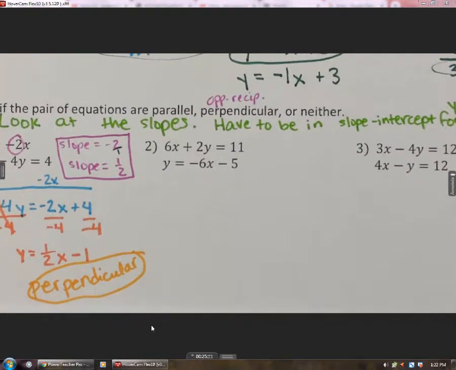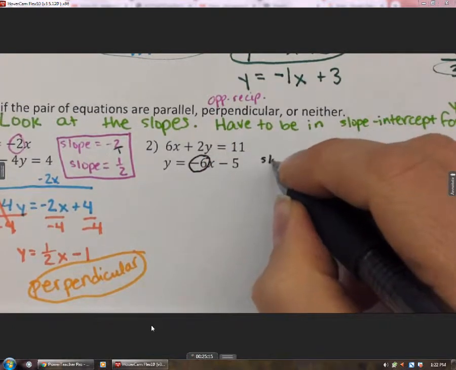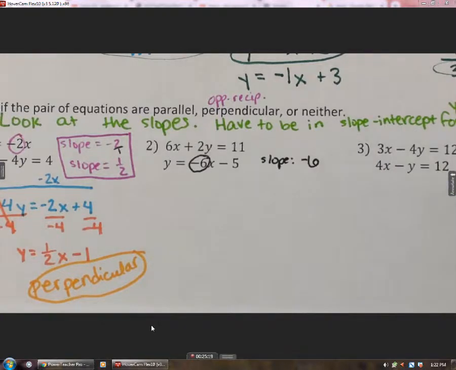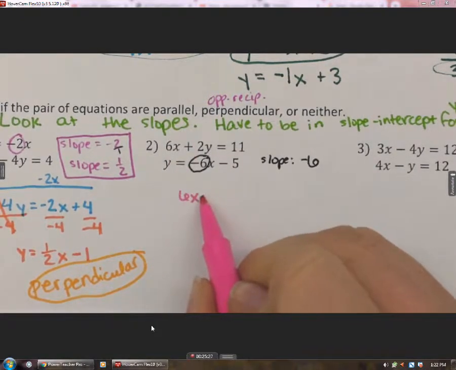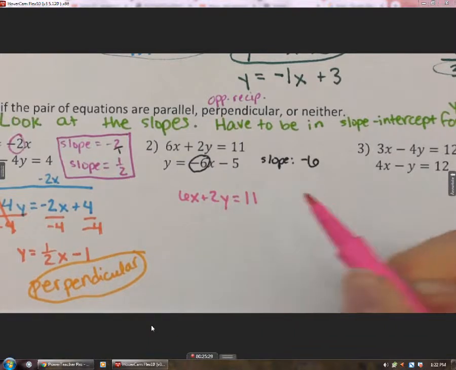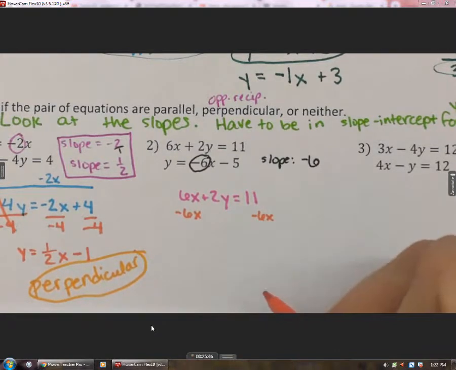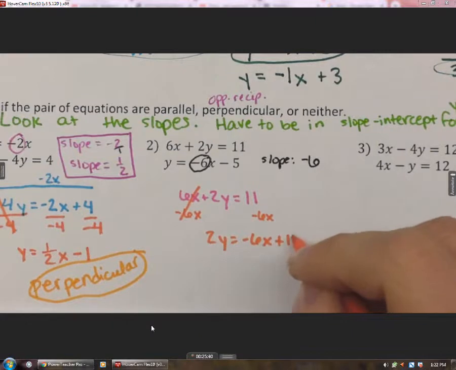Let's try the next one. Oh, we'll start with the easy one. Slope is -6. I'm going to rewrite this equation down here. Let's do 6x plus 2y equals 11. We need y by itself. Subtract 6x. So 2y equals -6x plus 11.